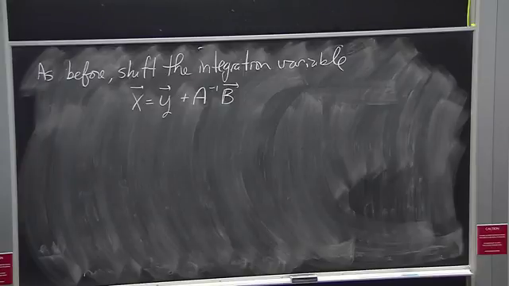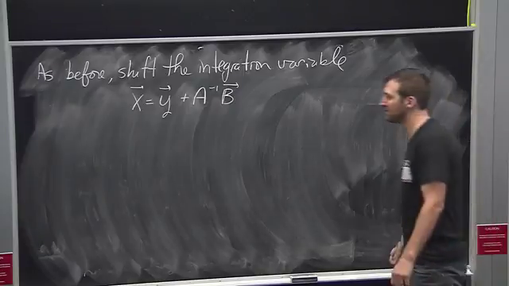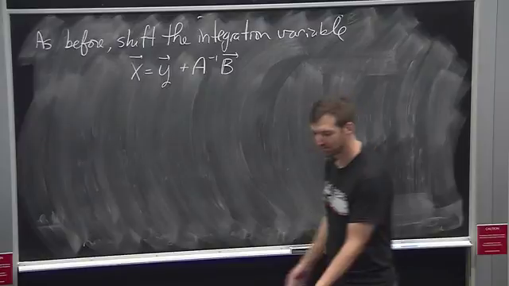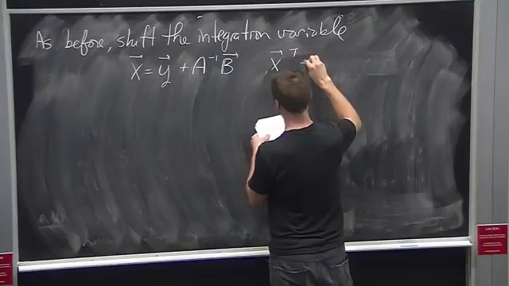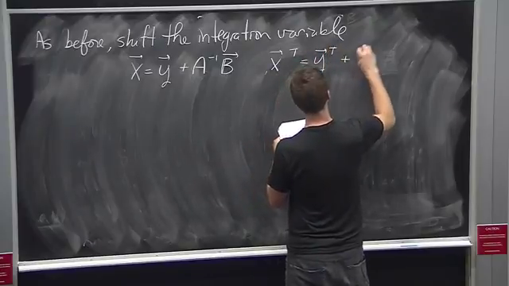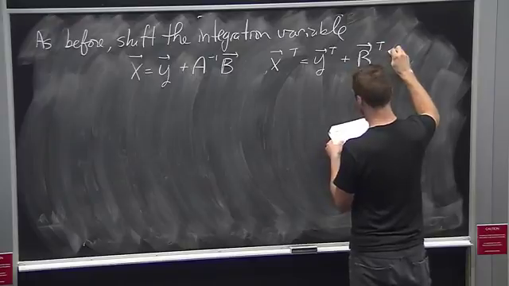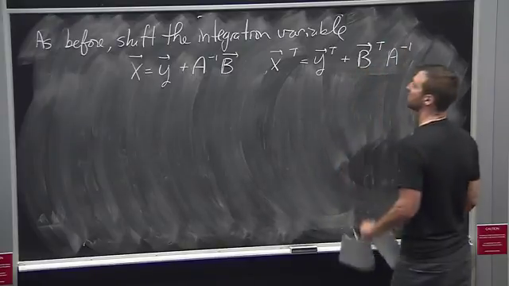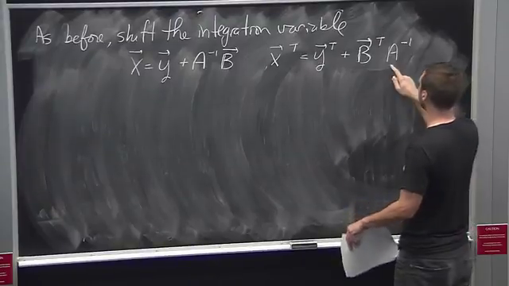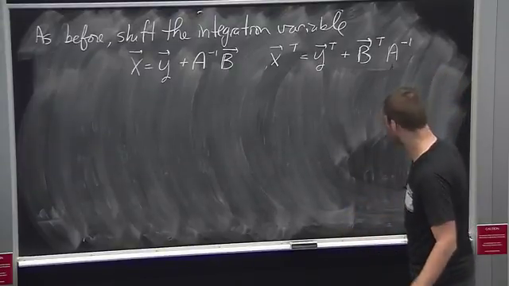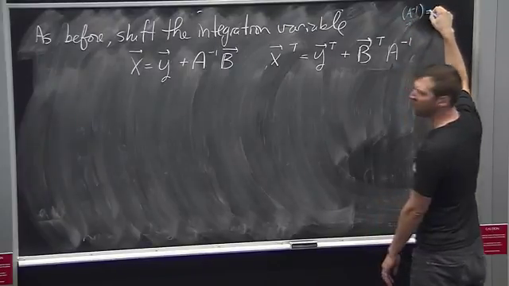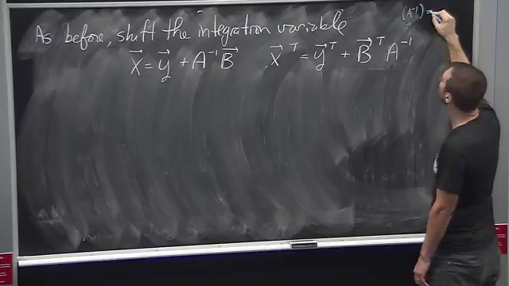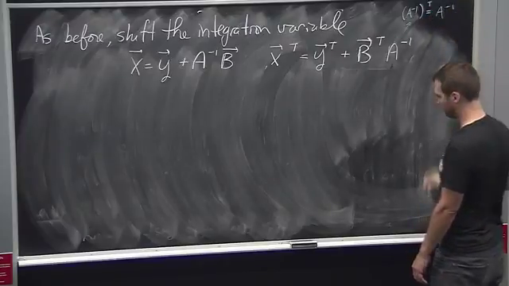This isn't the inverse of each element of the matrix. It's the inverse of the matrix. And we also need the transpose, where you switch the order of B and A inverse. That's because A is symmetric, so A minus 1 transpose equals A minus 1.